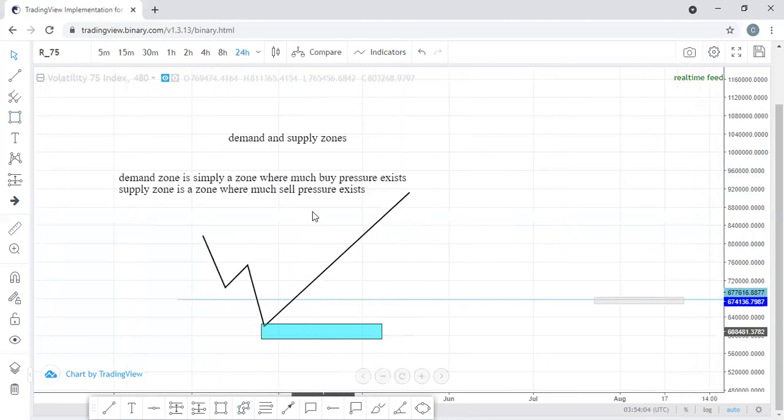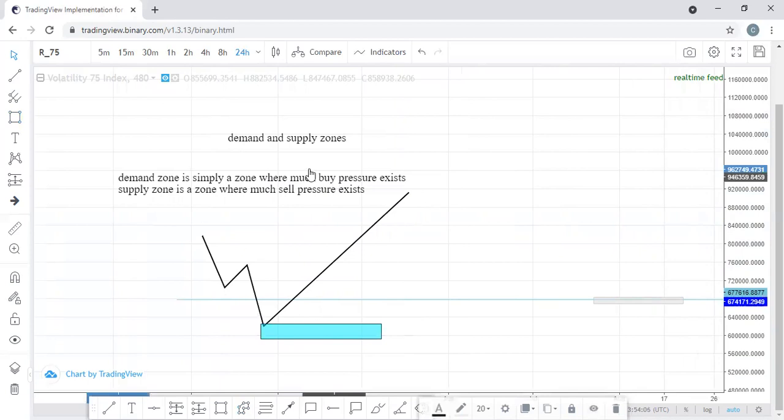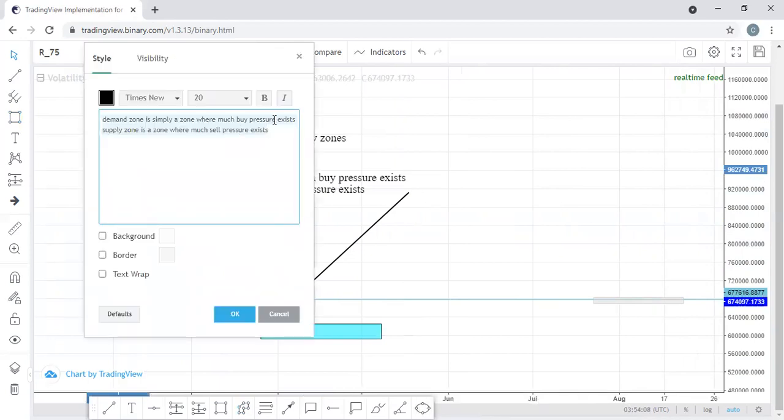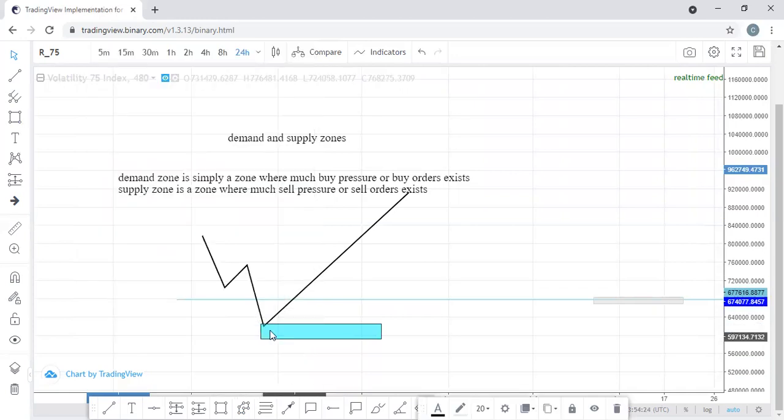Let us add that: buy orders. That means there are a lot of buy orders at that place, at that point. That is where people put their orders.